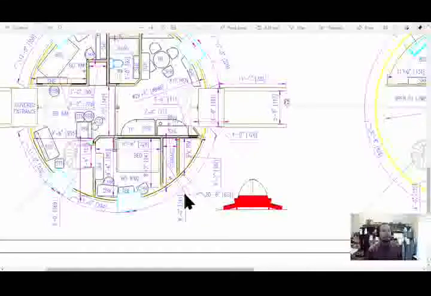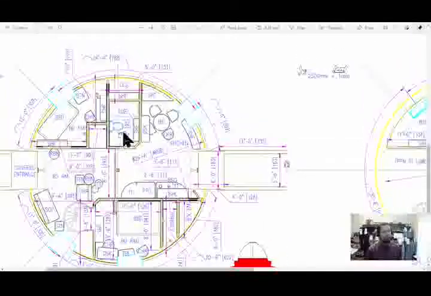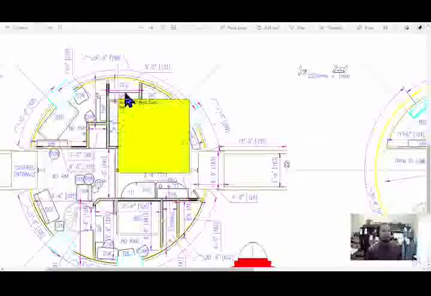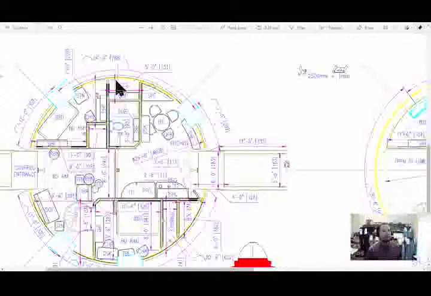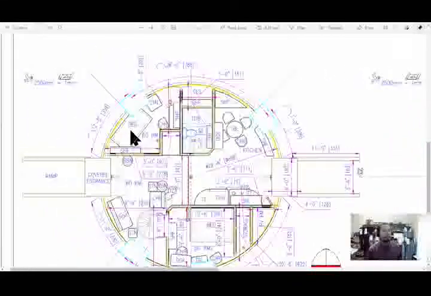As you can see, most of the rooms, if not all, are dimensioned as best possible, and I believe with the dimensions given, you can definitely get very close to the actual dimension, if not precisely so.